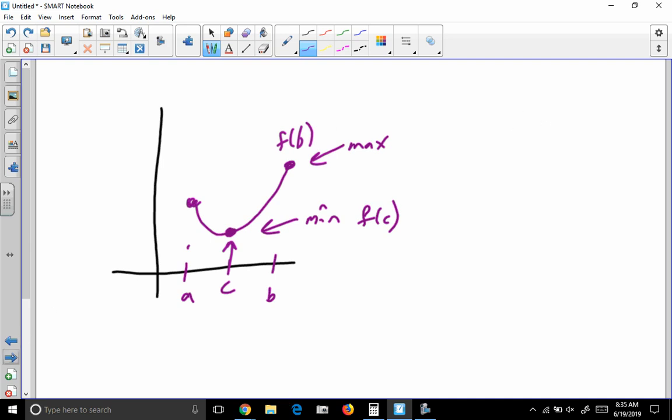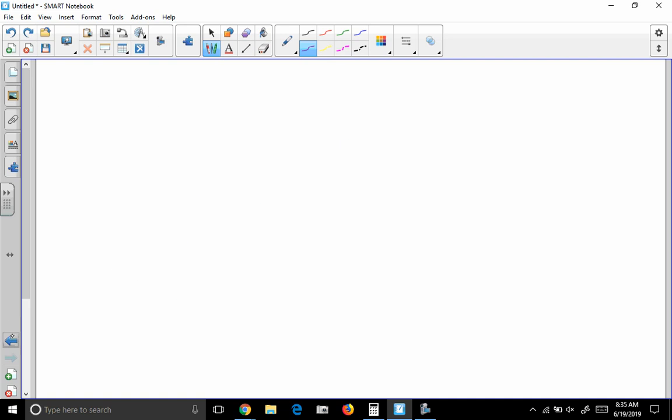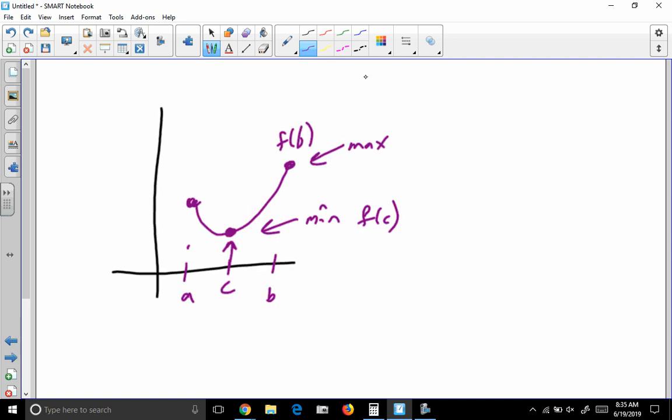Now, for our closed interval, if our maximum or minimums do not happen at the end, then there must have been a place that we went down and went back up, or conversely went up and went back down. So we would have a max here, or in this case, we'd have a min here.